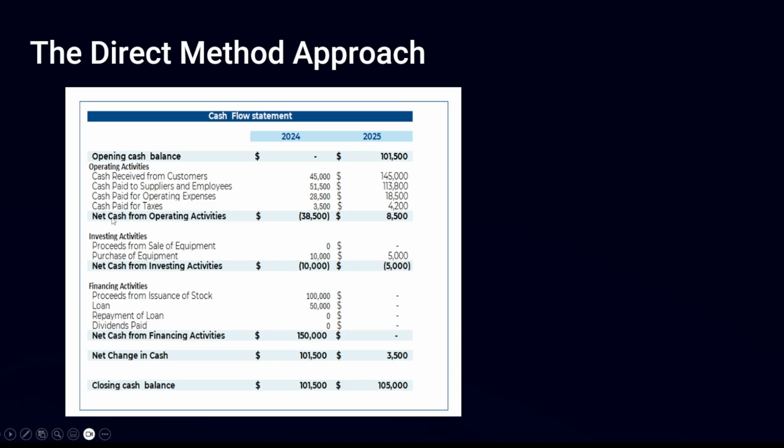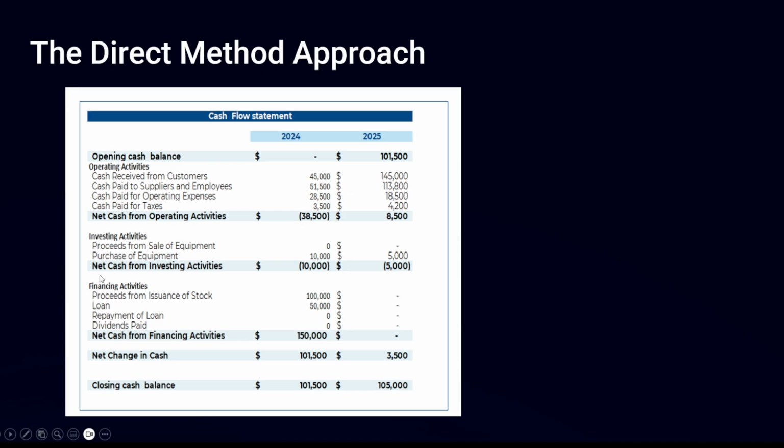Inside each activity, you can see that we have cash received from customers, cash paid to suppliers, cash paid for operating expenses, and cash paid for taxes. Then we get the net cash flow from operating activities, which is the difference between cash in and cash out.